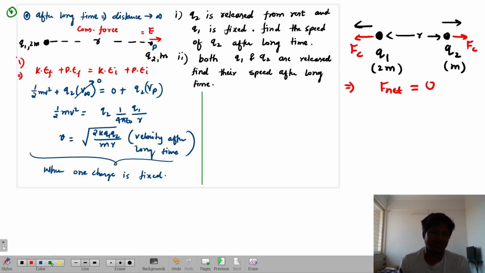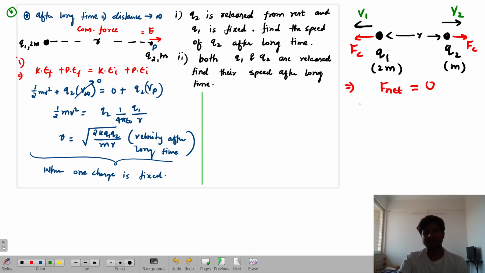So when they are released, let's suppose their velocities are v1 and v2. Their velocities are actually interrelated after a long time also and before the long time also. Initially they were at rest. Finally they have velocities v1 and v2.